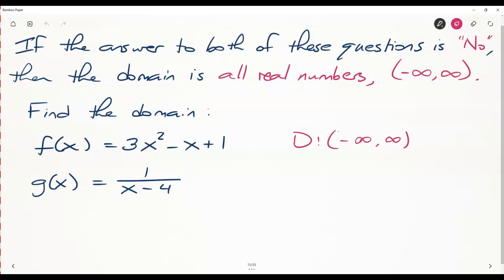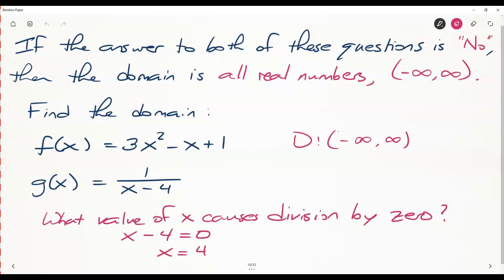Now, a problem that's a little less trivial. Here, I do have a fraction with x in the denominator. So now I have some work to do. I need to ask myself, what values of x cause division by 0? So whatever that denominator is, set it equal to 0, and then that will give you an equation to solve.